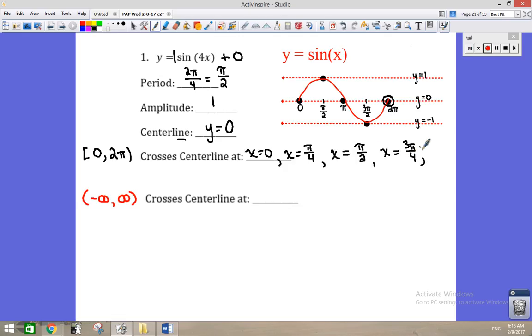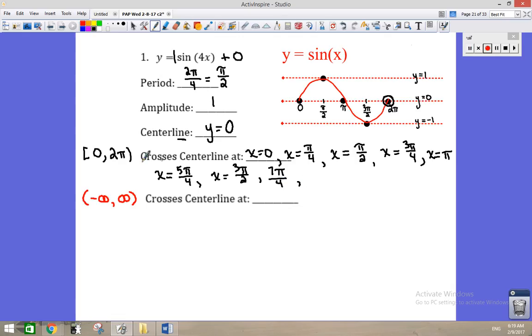Then we have pi, because if you add 1/4 to that, 4 over 4, the 4's cancel. Then, let's continue over here. If we add pi over 4, we've got 5 pi over 4. Then 6 pi over 4 reduces. Then 7 pi over 4.